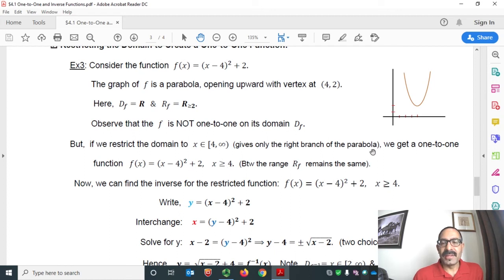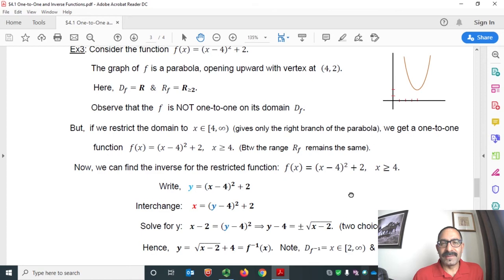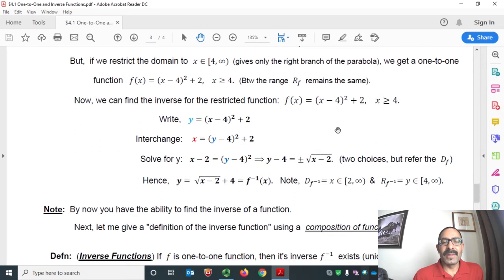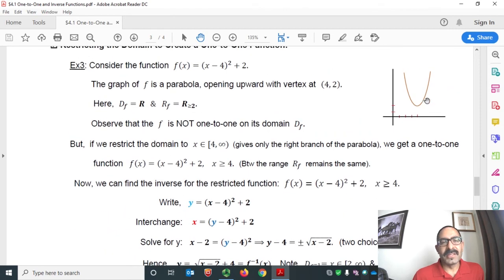By the way, the range here doesn't change, still the range is 2 to infinity. So now let's find the inverse of this restricted function. So now my function is f(x) equals this function, and I restrict the domain for all x greater than or equal to 4. That means I'm only picking the right branch of this parabola. I hope it makes sense to you all.